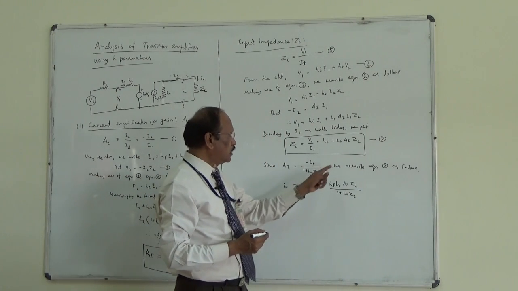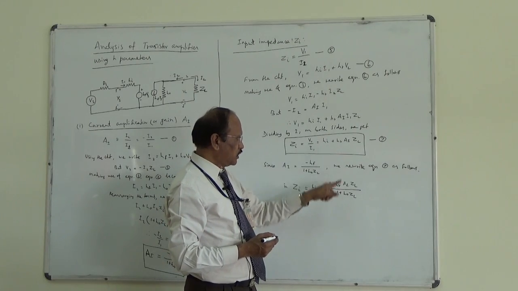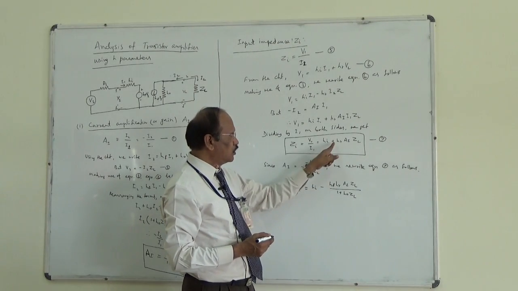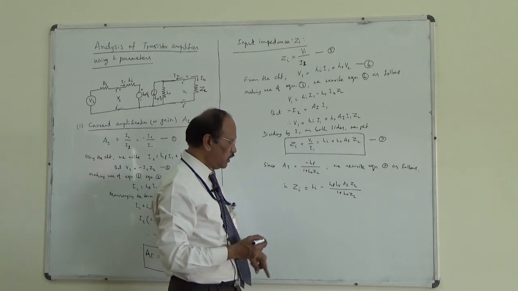I have merely substituted this value for AI, and with Hr, the minus Hf is there, so it becomes minus Hf Hr ZL by 1 plus h naught ZL.